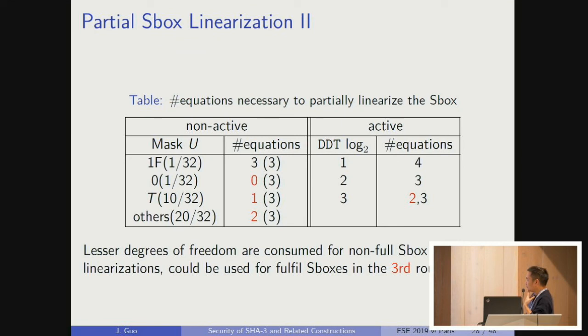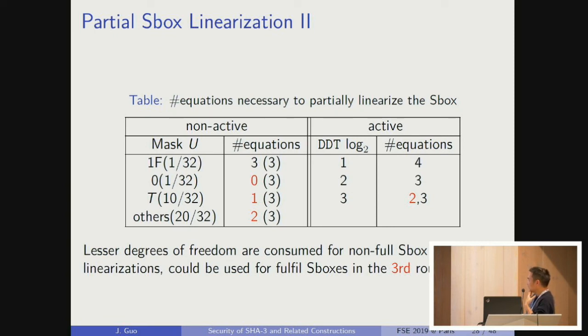If it's 0, it means none of the bits are needed in the chi1 layer, so we don't need any linear equation. For other cases, we might need 1 or 2.